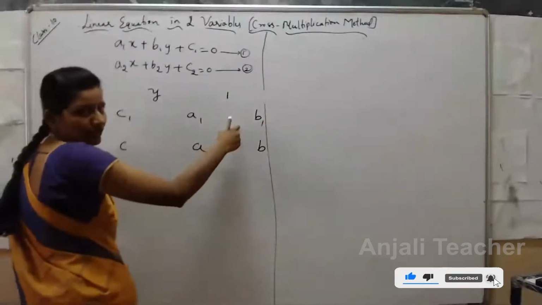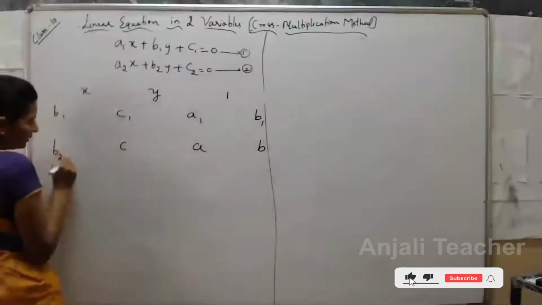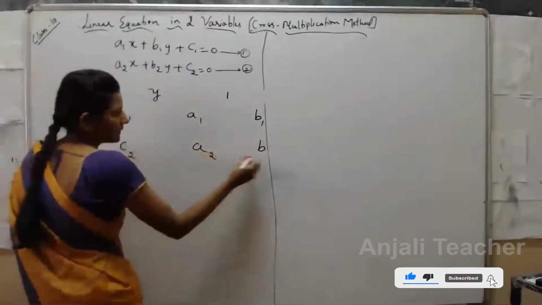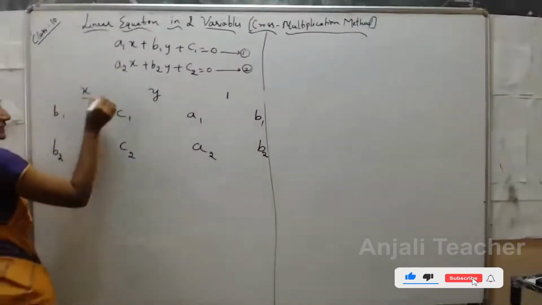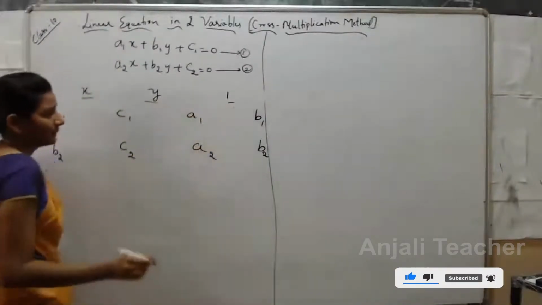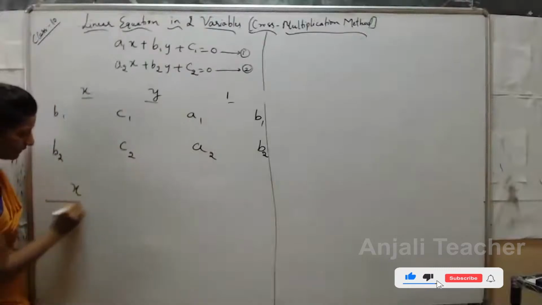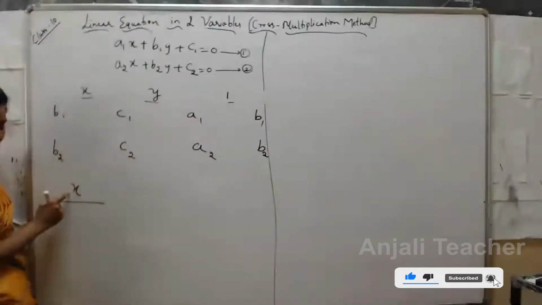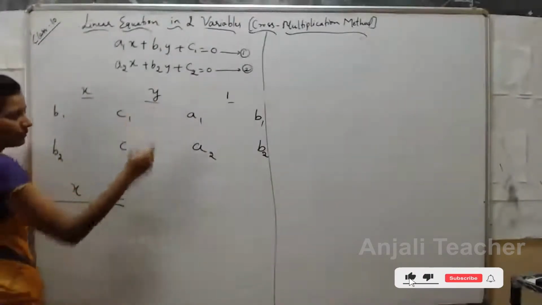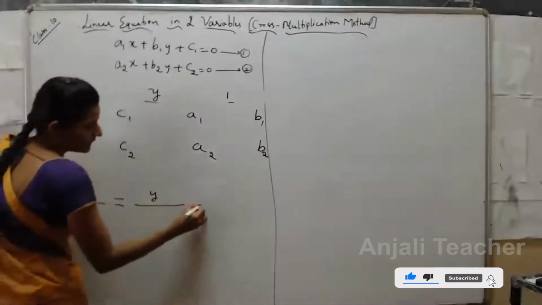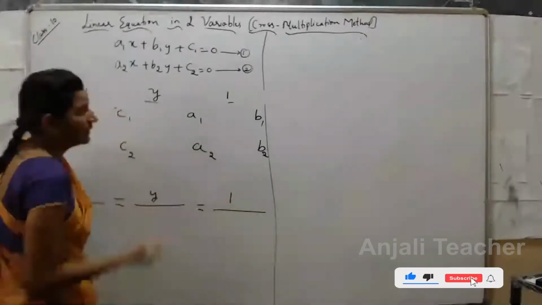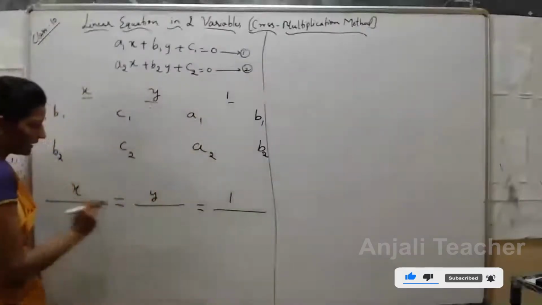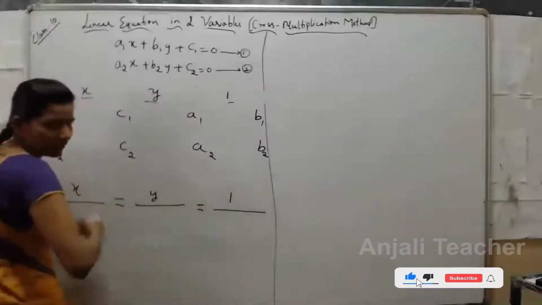In the first row you should write 1, and in the second row you should write 2. This is how to remember the formula. See, here x is there, y is there, and 1 is there. I am writing x divided by, this x should be here, is equal to y divided by, is equal to 1 divided by. This is the formula we are going to write.